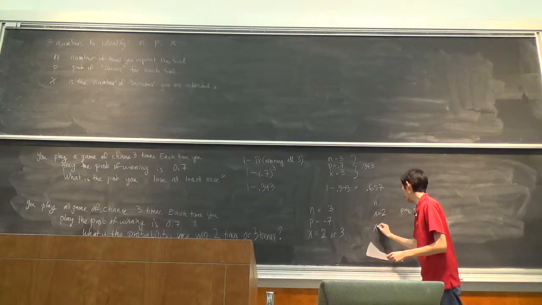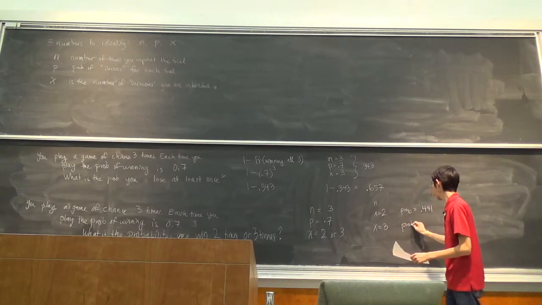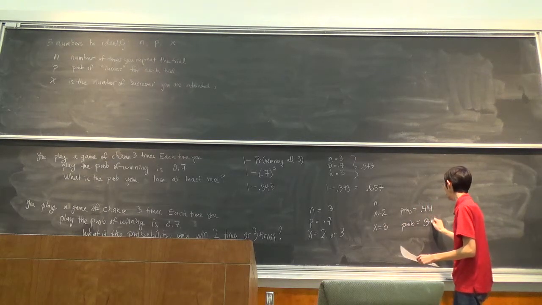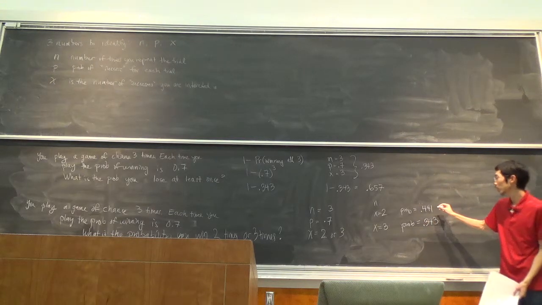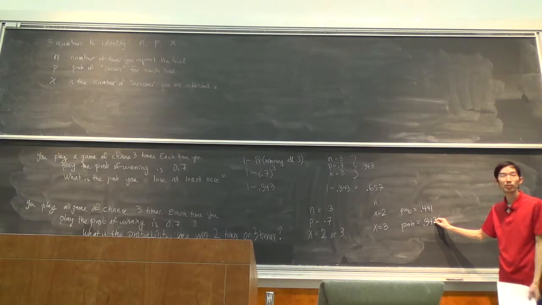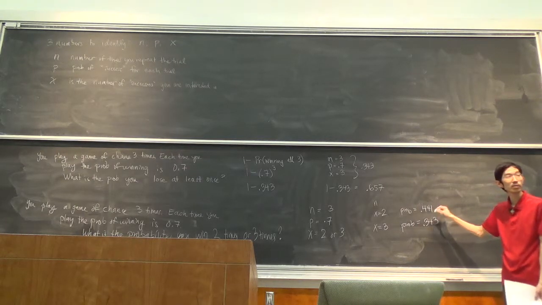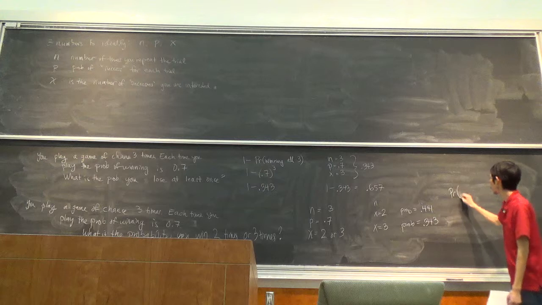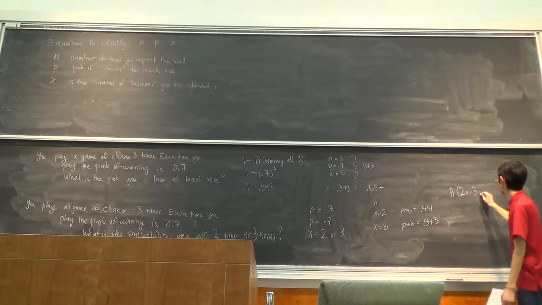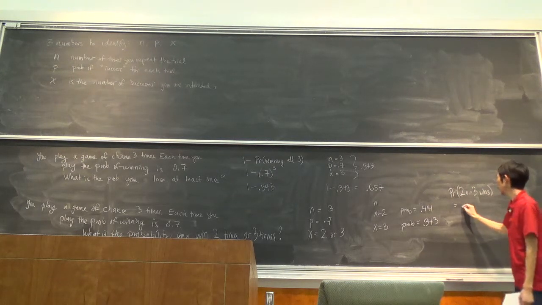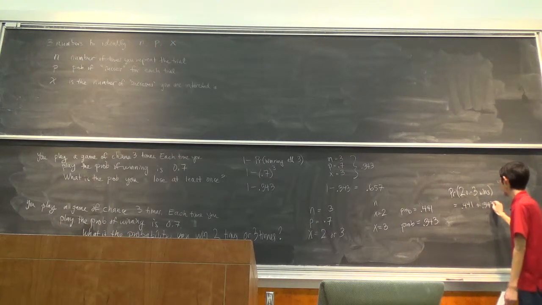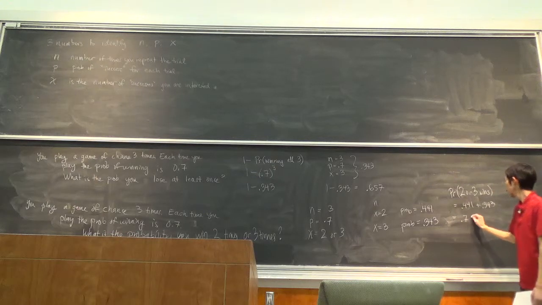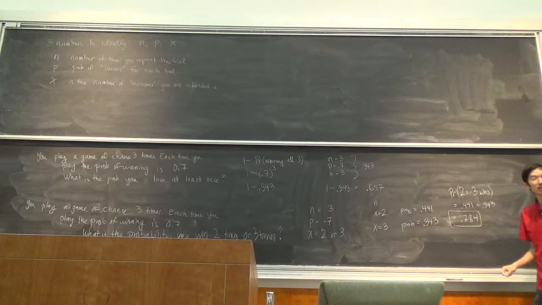And then for x equal to 3, the probability is 0.343. So the probability of winning 2 or 3 times, what would I do? I would add those 2 together. So the probability of 2 or 3 wins would be 0.441 plus 0.343, and I get 0.784. And there is our answer.